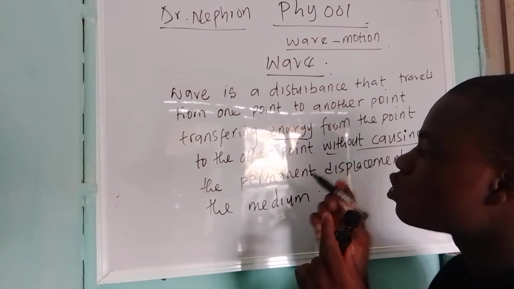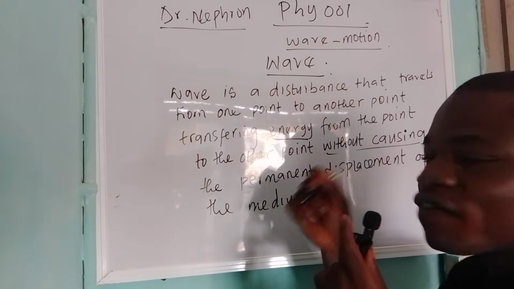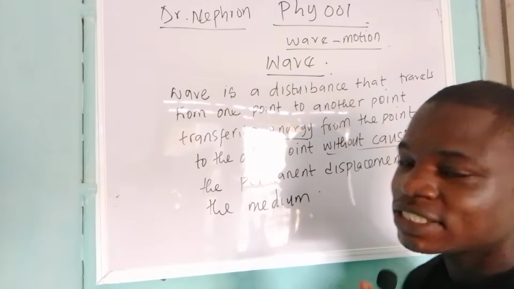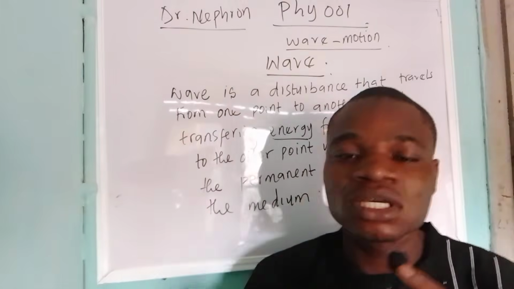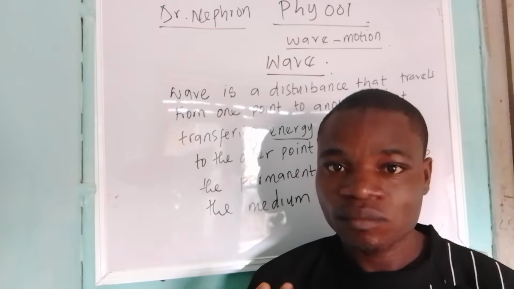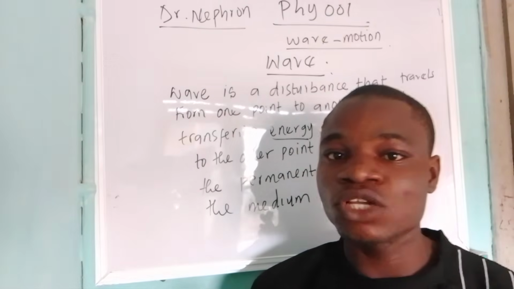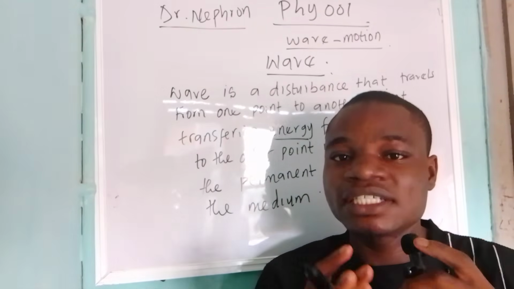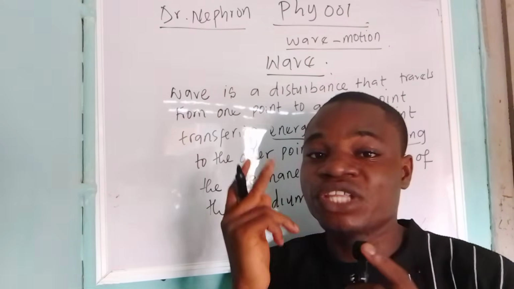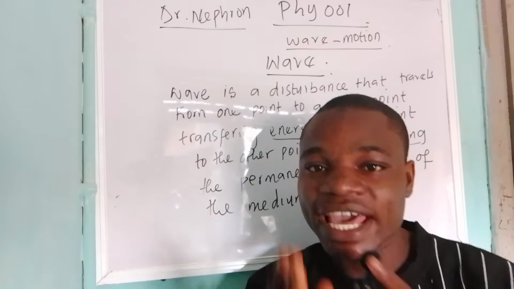So please, you have to note the kind of energy that is being transferred in a wave. That is kinetic energy, the energy possessed by a moving body, and it is a form of mechanical energy. Mechanical energy is divided into two: potential energy and kinetic energy.